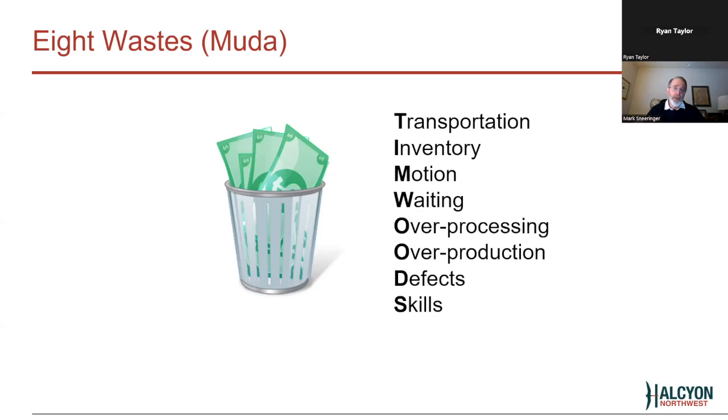So transportation is basically just moving people or product or parts or whatever, moving them around. So if you pick them up in a warehouse, you move them out to the line, that's transportation. Are there ways to reduce that? Inventory. That one's pretty obvious. If you've got a lot of inventory sitting around, it's not moving.